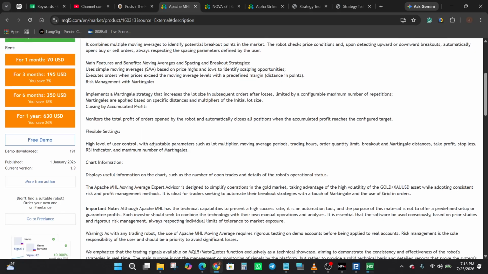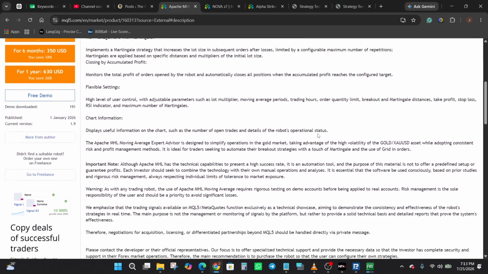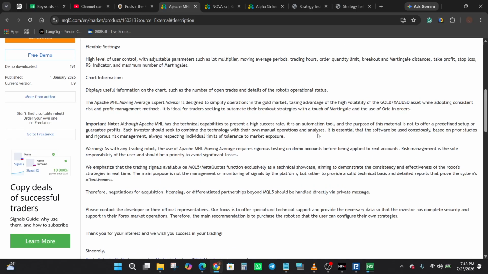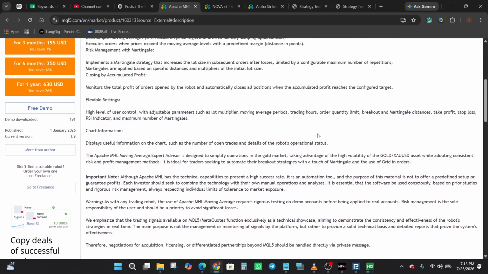Settings wise, there is a fairly deep level of control: lot multiplier, moving average periods, trading hours and order quantity limit, breakout and martingale spacing distances, take profit, stop loss, the RSI filter, and the maximum number of martingale steps.